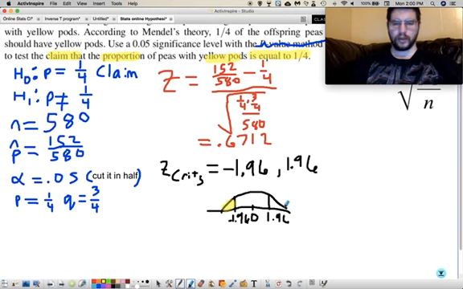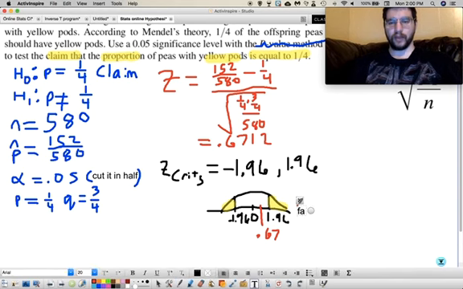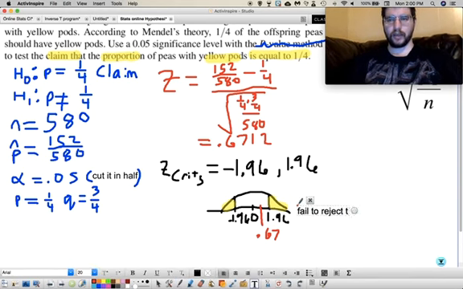So over here and over here. Let's see where our test statistic lands. I'll put it in red. Oh, it's right there, 0.67. So that's right here-ish, 0.67. It is not in the critical region. That means we fail to reject the null.